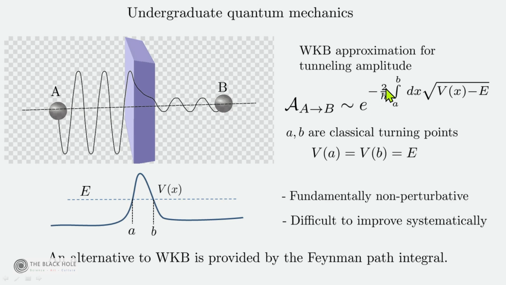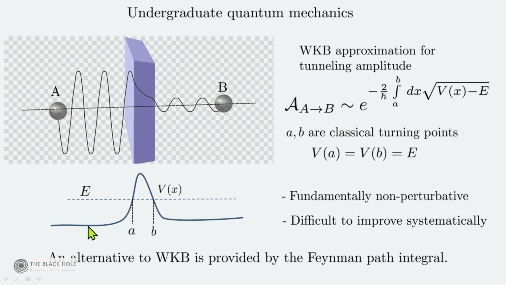Exponential of -2/ħ, integral A to B of this quantity, square root of the potential, V of x minus E. And where this becomes 0, there you have the classical turning points A and B. So at these points, V of A and V of B are both equal to E, and the square root vanishes.